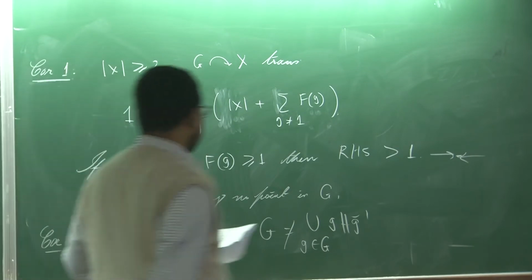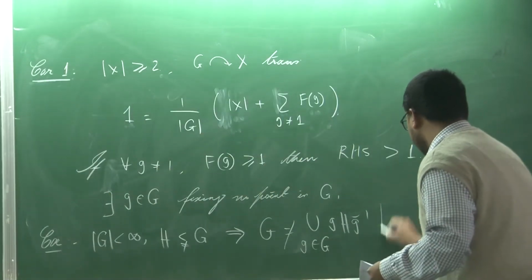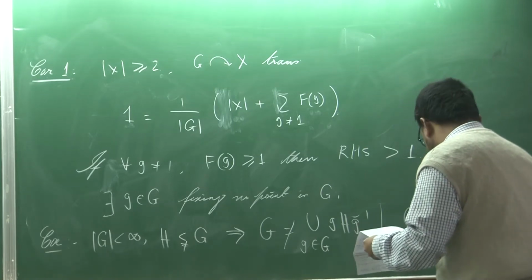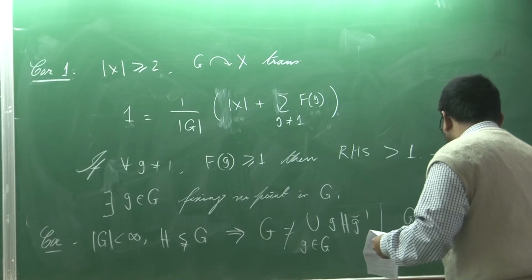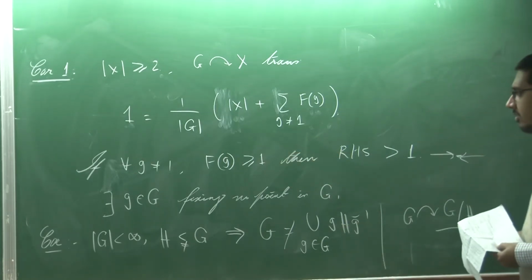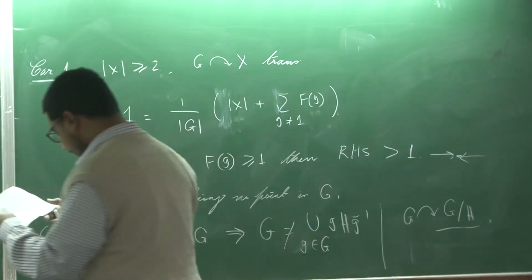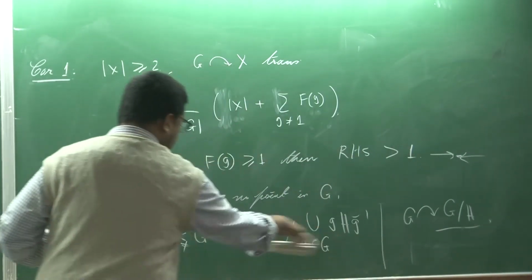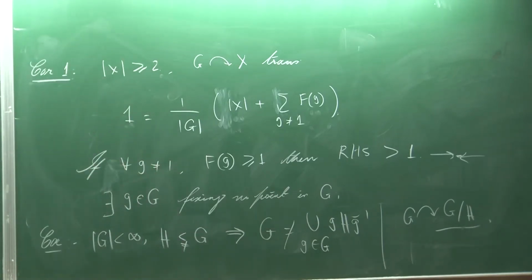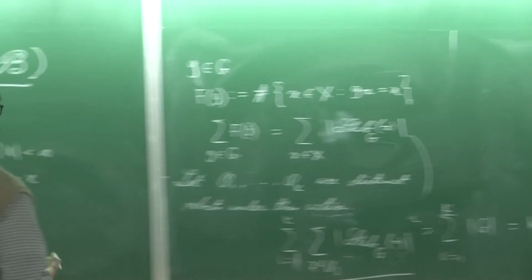That is quite clear. Consider the action of G on G modulo H. Since H is proper, this set will have at least 2 points, and then use the previous corollary. Of course, this can be deduced otherwise, but perhaps by means of the orbit size formula this is immediate.